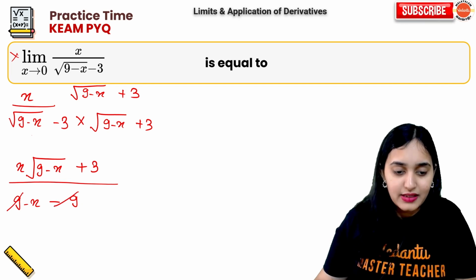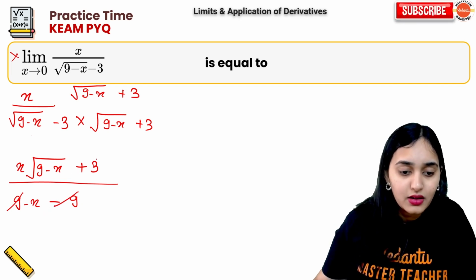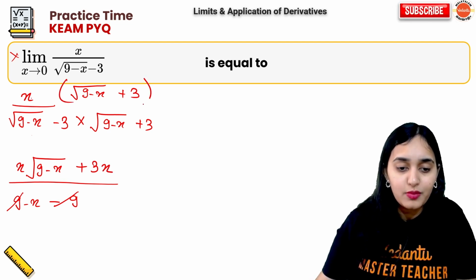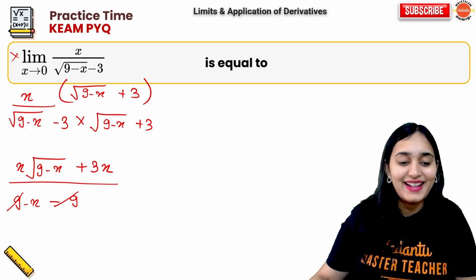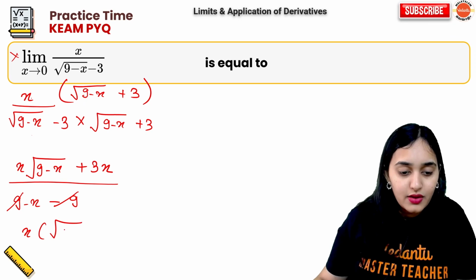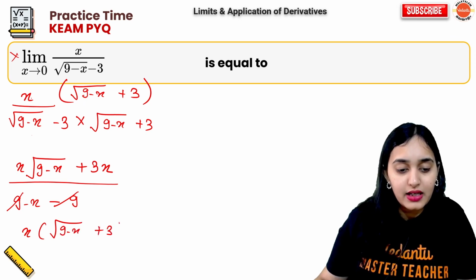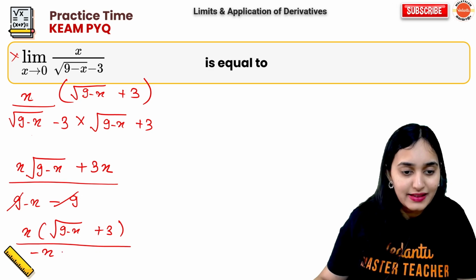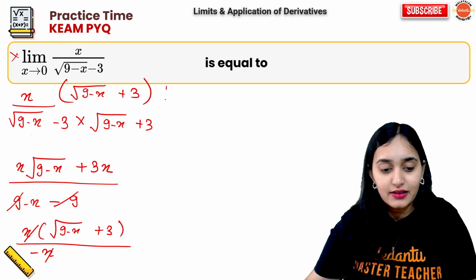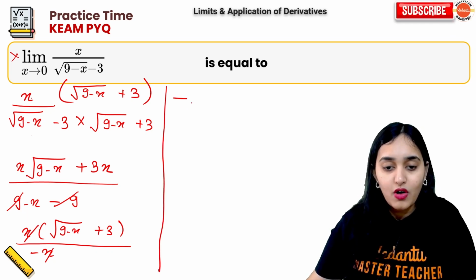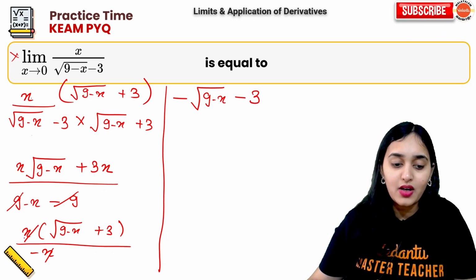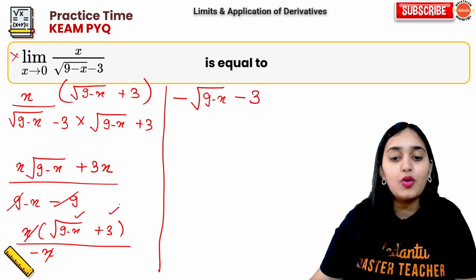So 9 minus x minus 9 is minus x, right? Now, what is left? We have x common, root over 9 minus x plus 3, divided by minus x, right? Now, x cancelled, we get minus of root over 9 minus x plus 3. Why? Because the minus sign will be multiplied to both the terms.